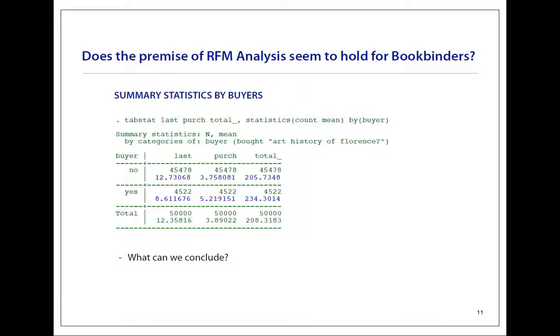Among the 50,000 customers in my random sample, 4,522 bought the book, and the remaining didn't buy. Across these 2 groups of customers, they are all different on RFM. Last is the variable that measures recency. Purch is the variable in the data set that measures frequency. Total is the variable in the data set that measures the monetary.